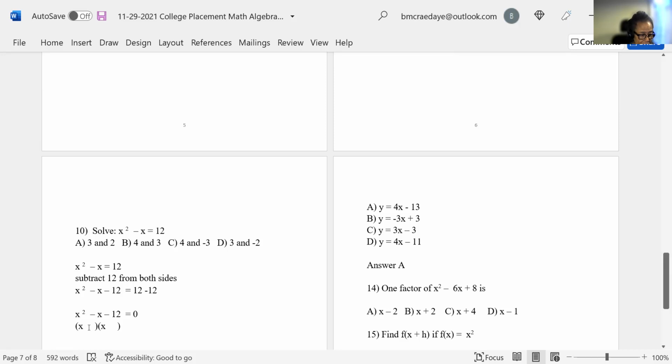So for number 10, what numbers must be in these parentheses? Remember, you multiply them and get the minus 12, and you add the numbers to get the minus 1 in front of the x, the 1x. So 4 and 3. All right, they must be 4 and 3.